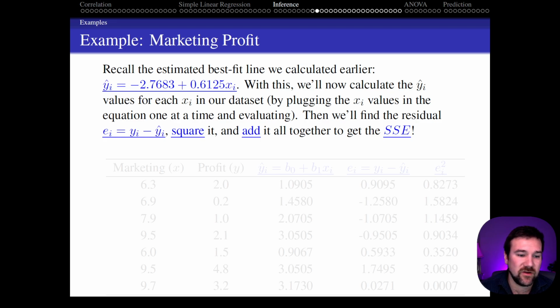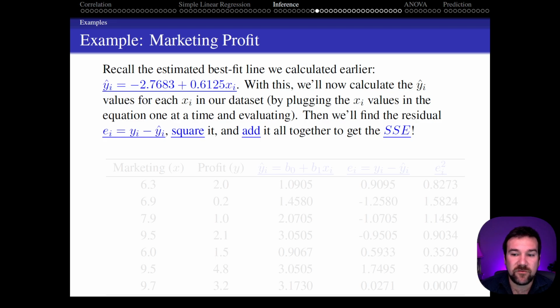So for instance, if I have a data point of x equals 1 for one of my observed data points, I'd plug in 1 for x, do 0.6125 times 1, and then do negative 2.7683 plus that, and that gives me my y hat for that particular x value, and I just jot that down for that particular row.